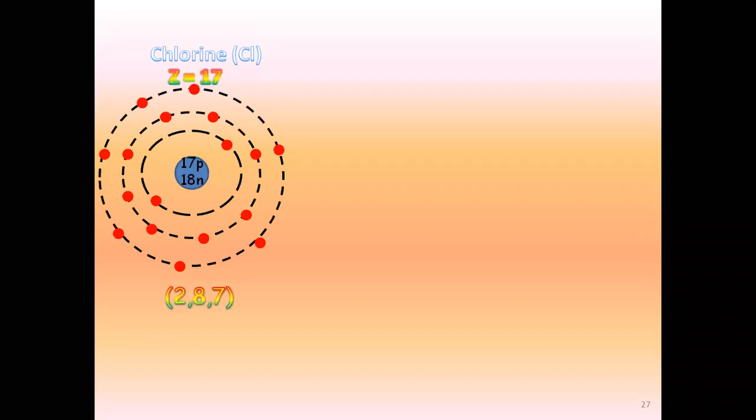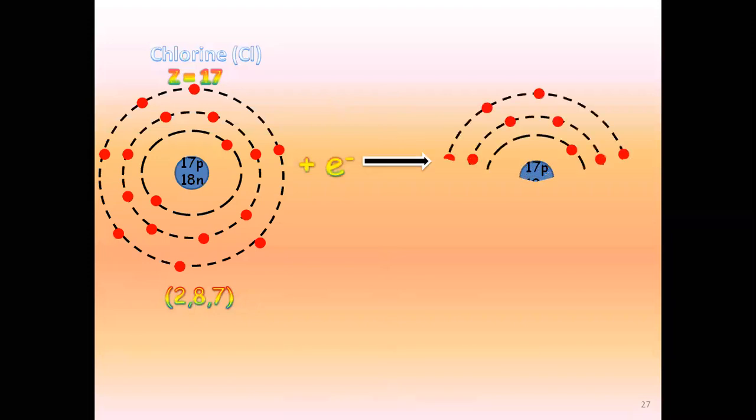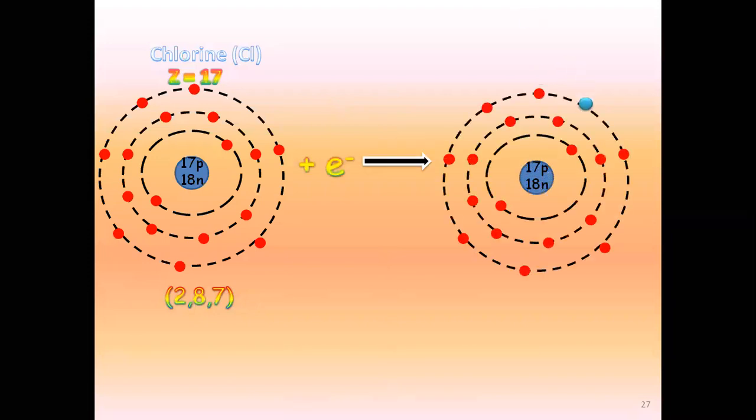Very intelligent. Again, it's not stable. To become stable, what will chlorine do? Very good. It will accept one electron and it will get a negative charge. Why a negative charge? Because it has accepted one electron. So एक negative electron अंदर आया इसलिए negative charge बढ़ गया. So electronic configuration becomes 2, 8, 8.